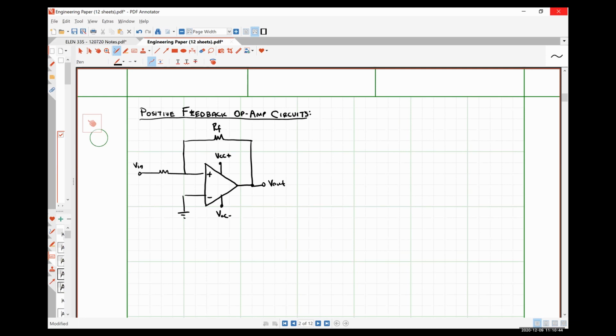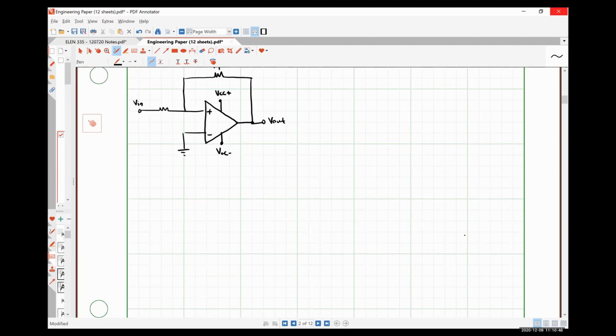All right, so the first circuit that we are going to be dealing with that employs positive feedback is what's called a non-inverting Schmitt trigger.